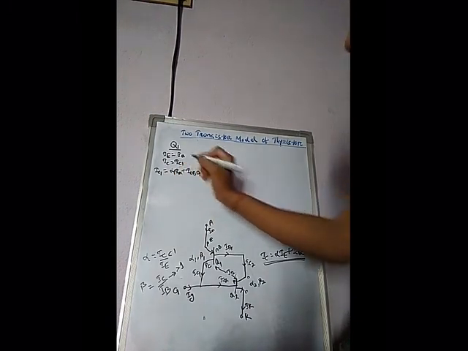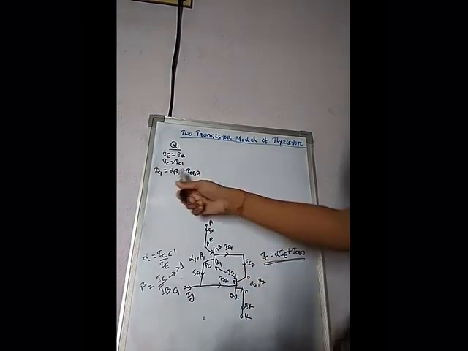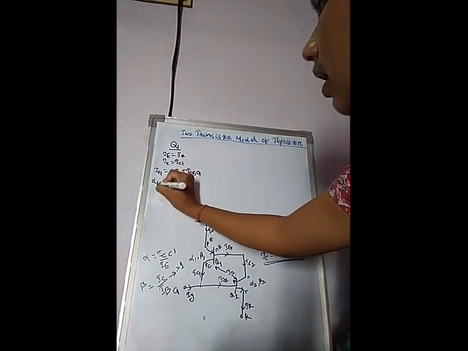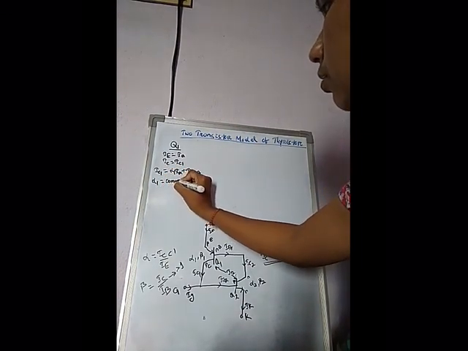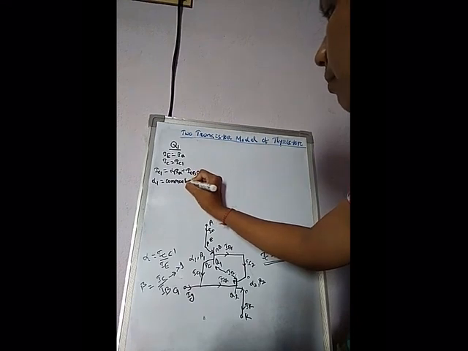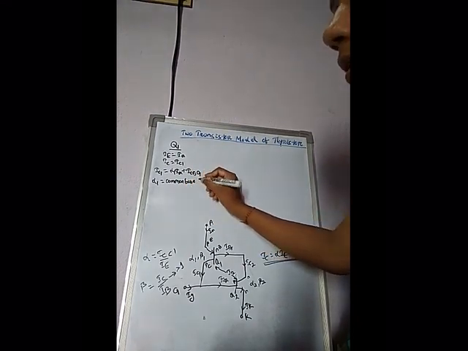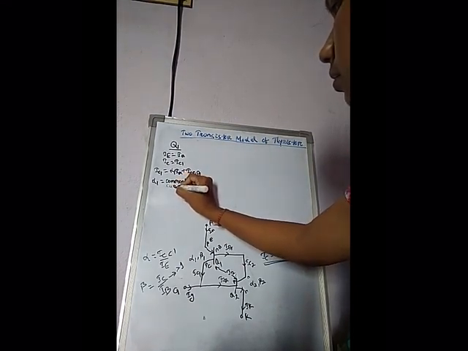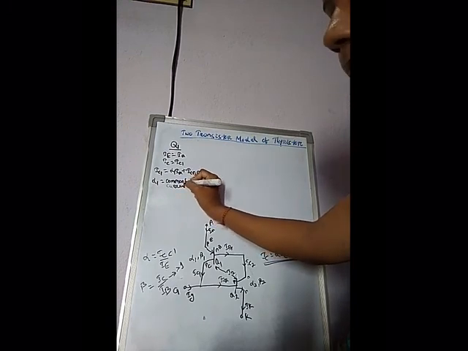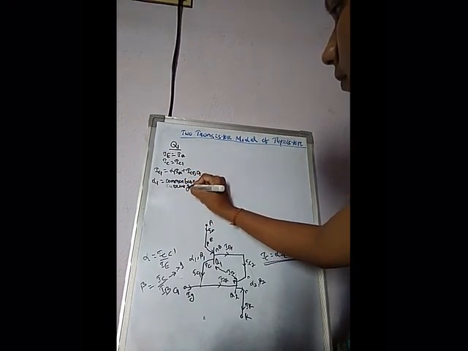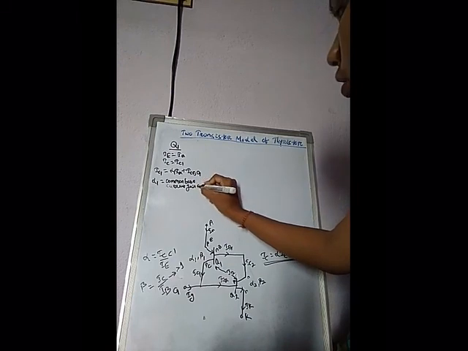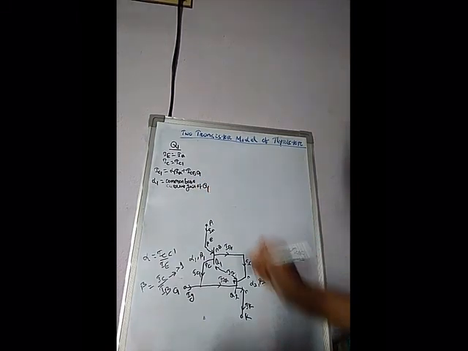Here alpha 1 is the common base current gain of Q1.